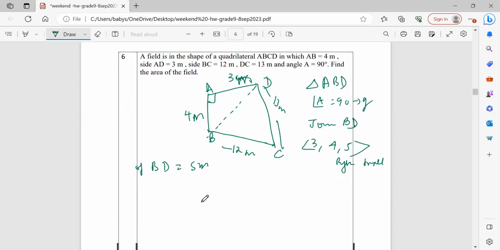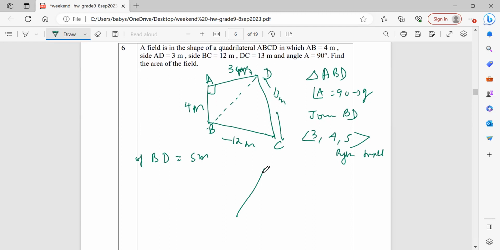And if you see again, I can just redraw it properly. So I'm having a triangle B, D, and then C. And then DC is 13 meters. BC is 12 meters.